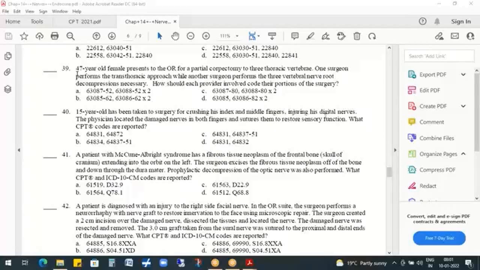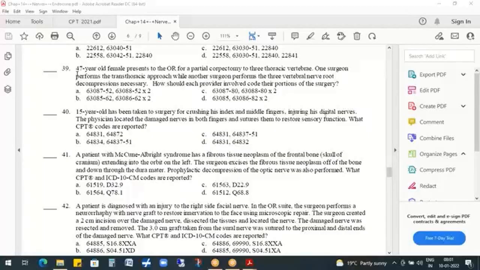The physician located the damaged nerves in both fingers and sutures them to restore sensory function. What CPT codes are reported? I told you a series of procedures. In that, what is the procedure performed here by the physician on the nerve? Is there any anesthetic agent administered?